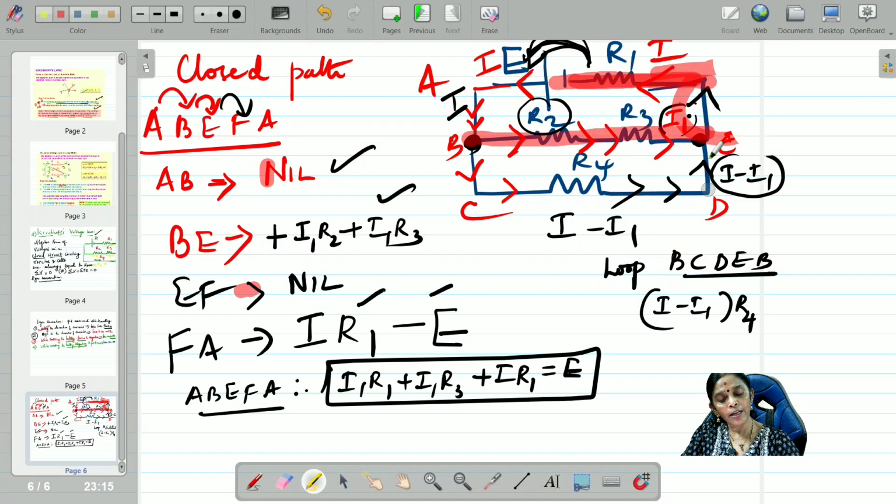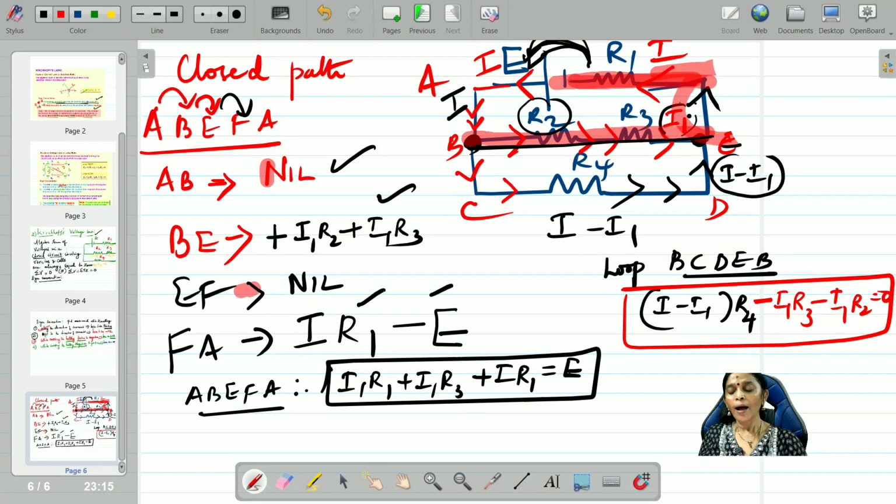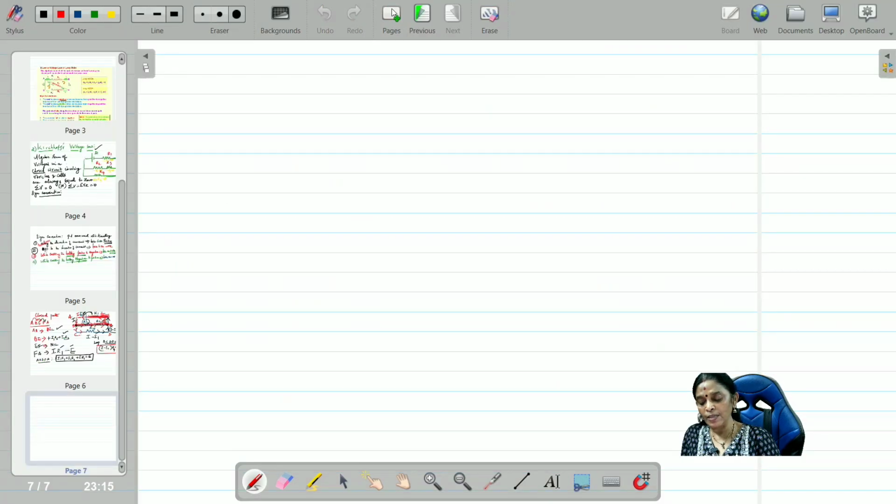E to B, you are going opposite to the direction. So therefore, since you are going in the opposite direction, minus I1 into R3 minus I1 into R2 equal to 0. That is all. If you want to simplify, you can simplify it, or otherwise you can leave it like that. So these are the two equations. I used Kirchhoff laws and then I wrote the equations. So based on that, one problem we will see.